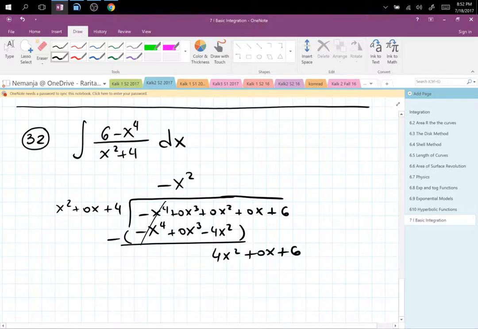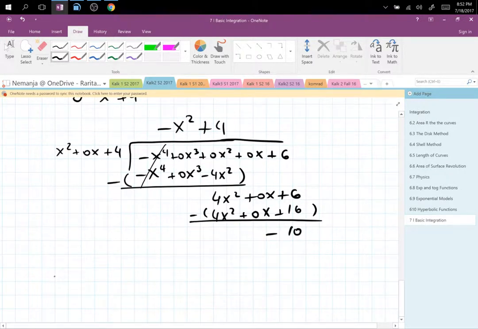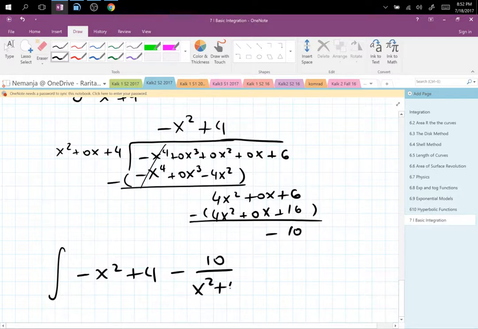X squared goes into 4x squared 4 times. Multiply it back, we get 4x squared plus 0x, and then plus 16. When we subtract, we get the remainder of negative 10. So this integral is actually negative x squared plus 4 minus 10 over x squared plus 4.